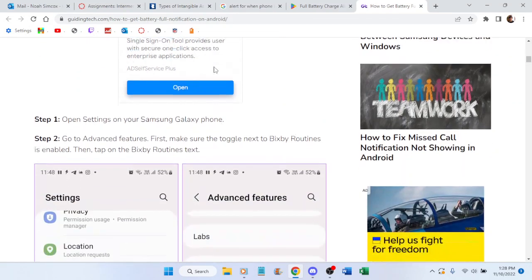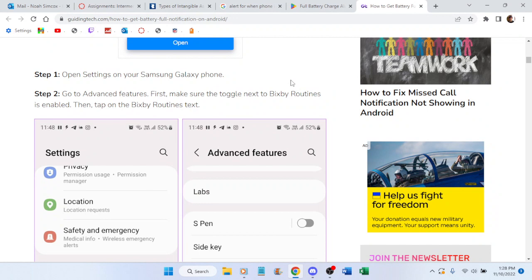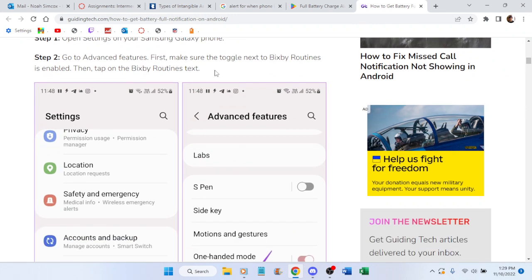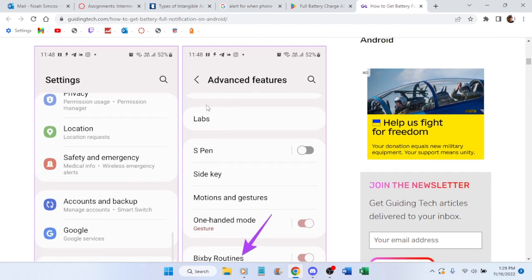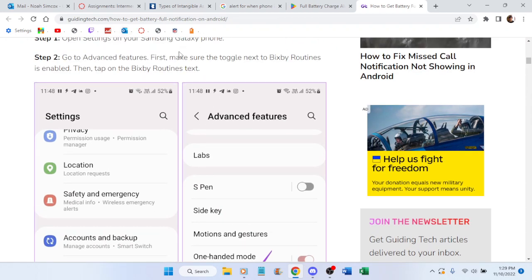All right. Step 1. Open settings on your Samsung Galaxy phone. Step 2. Go to advanced features. First. What? Where's that? So yeah, this is pretty unintuitive to find. Bixby routines.